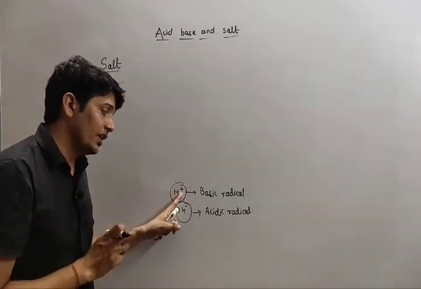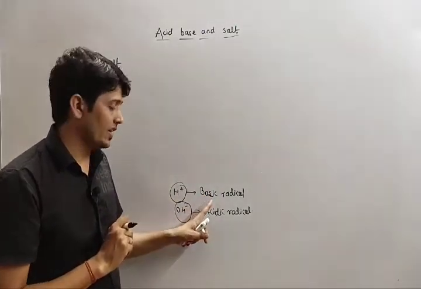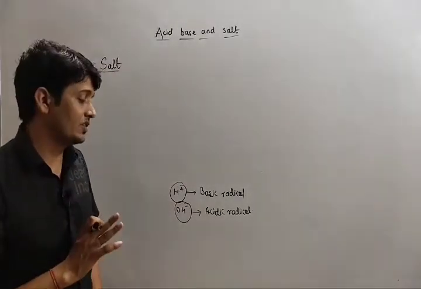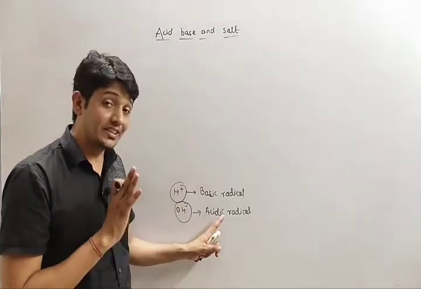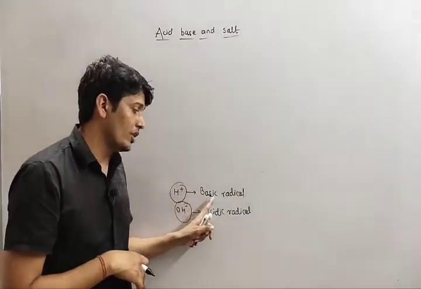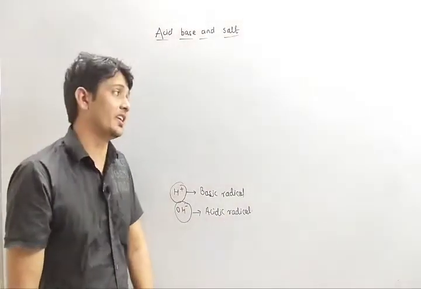This will reduce the basic strength of the base, and it is going to reduce the acidic strength of the acids. That's why H positive ion is called a basic radical and OH negative ion is called an acidic radical.